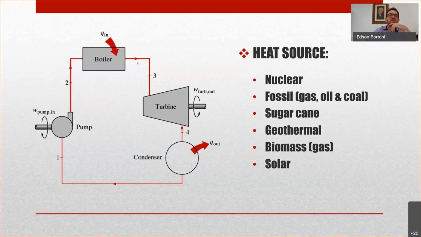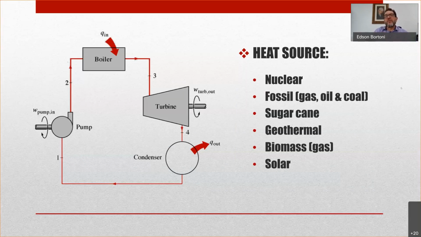I said that you give heat to the water, and it doesn't matter where it comes from. The heat source can be nuclear, for example: when you break the atom, it releases heat, so you can use that heat. So the nuclear power plant uses this Rankine cycle, only the fuel is nuclear.